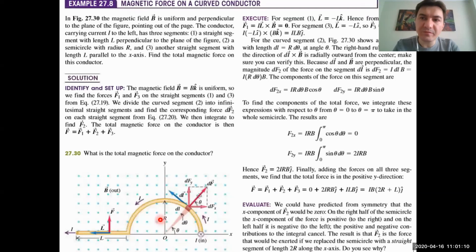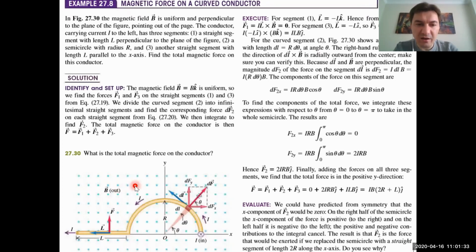We know from physics 1, from circular motion, that dl, this small segment, is given by r times d theta, okay?